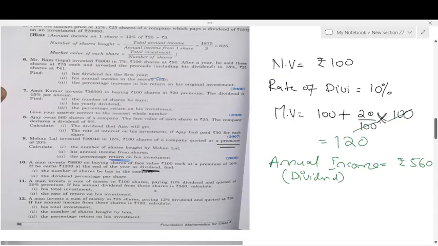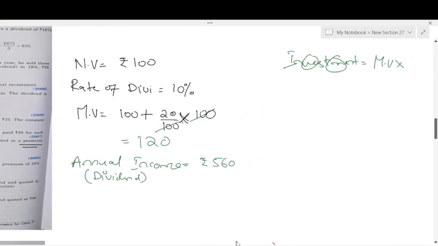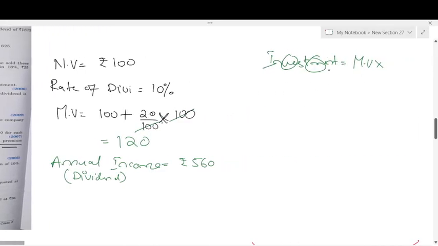If annual dividend from these shares is rupees 560, calculate total investment. See, we need to find investment, students. Market value into total number of shares. What is missing here, students? Tell me what is missing. Number of shares is missing.